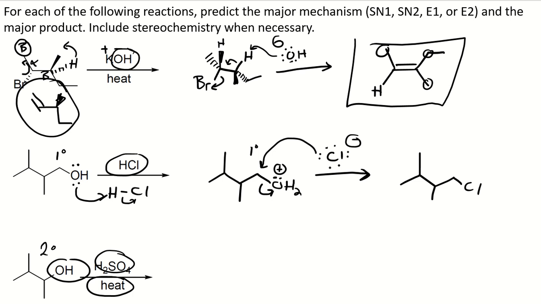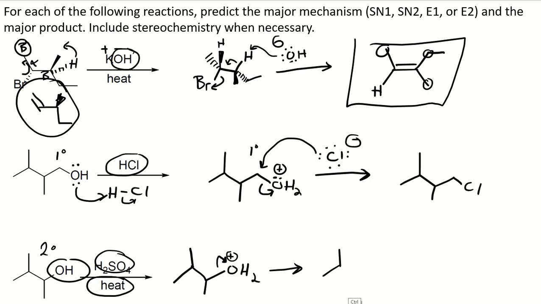Because we're not using a strong base, usually in acidic conditions, we're going to favor the E1 elimination. We're forming a carbocation. So the first step, we protonate our alcohol to make water as a leaving group. That is going to leave, and we form that secondary carbocation.